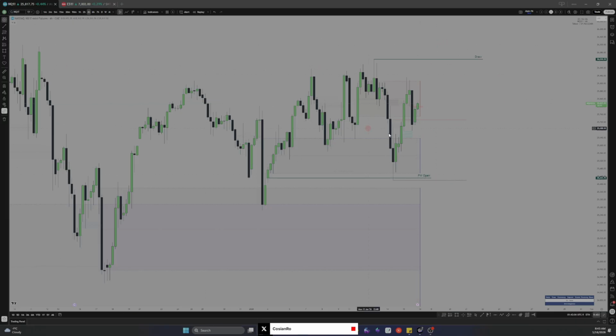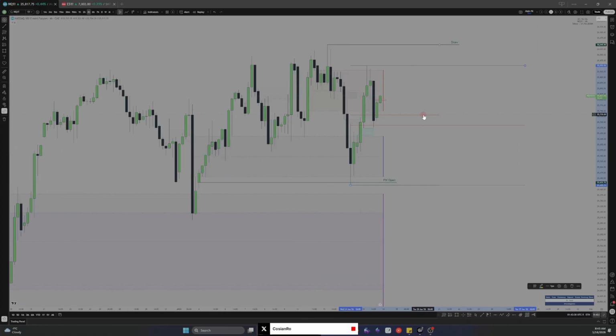We can fine tune this. Let's go from this low to this high, and that's our range. Oh, what's that?